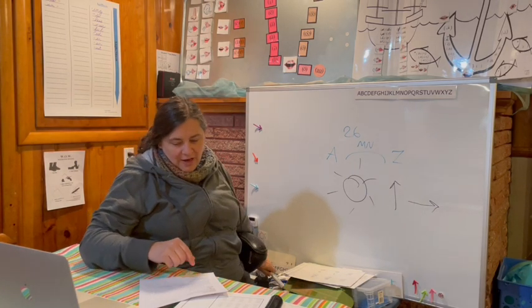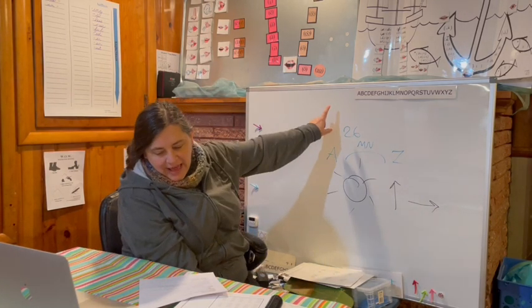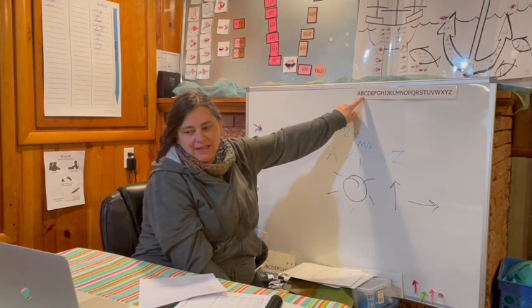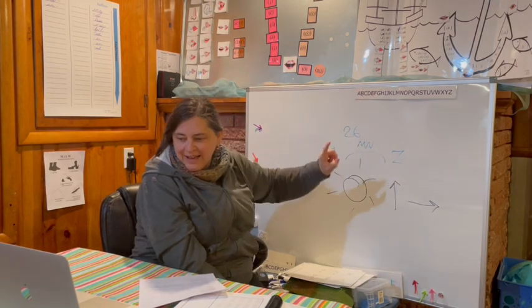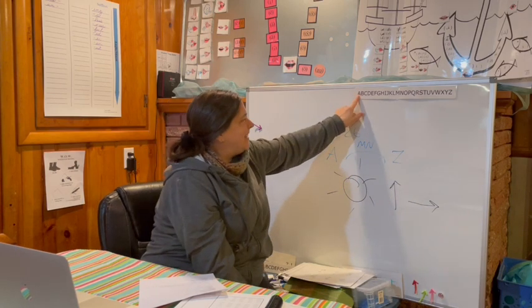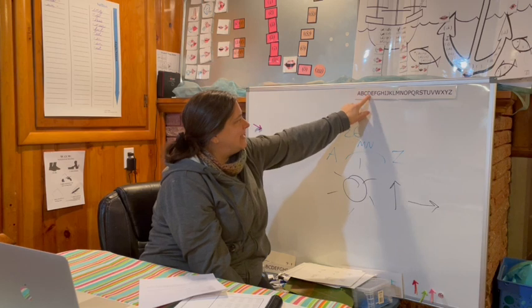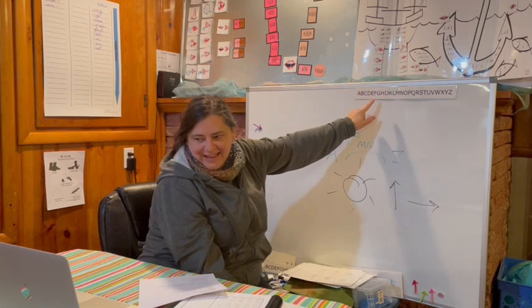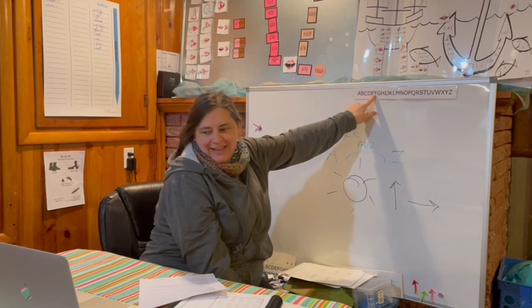So with our alphabet strip, starting on letter A, I want you to accent every other letter. So it'll be A, B, C, D, E. Can you do that for me? Thank you. A, B, C, D, E, F, that's right.